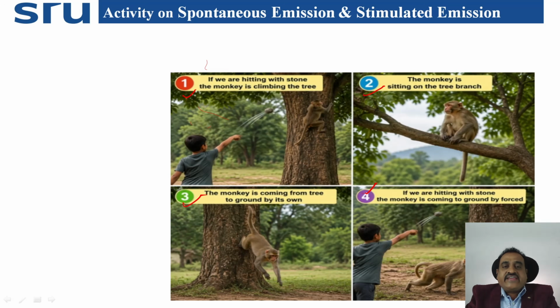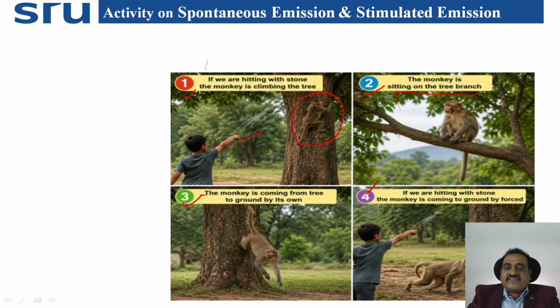In the first, the boy is hitting the monkey with a stone while the monkey is climbing the tree. Second one, the monkey is sitting on the tree branch. Third situation, the monkey is coming from the tree to the ground on its own, without any forcing, without any hitting.